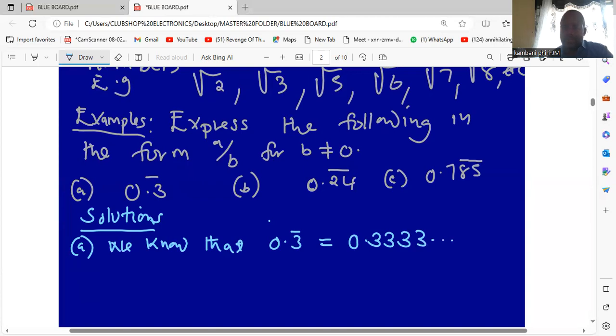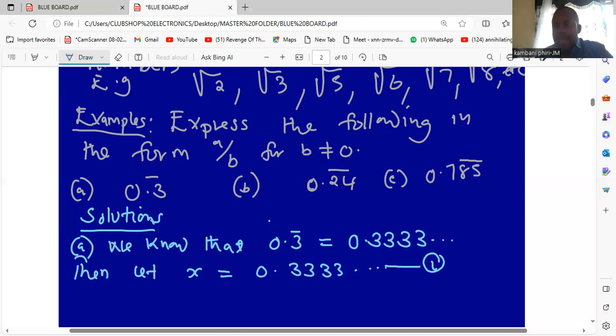It is repeating. Then we can let x be equal to 0.3333 and so on. And we call this equation 1.